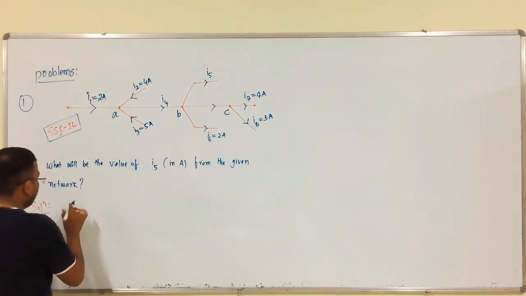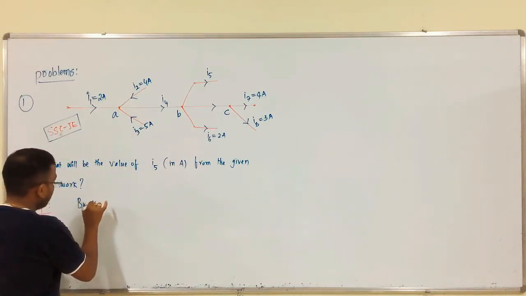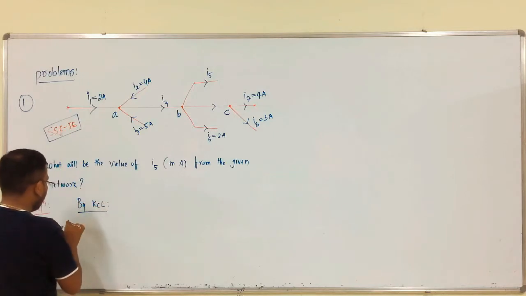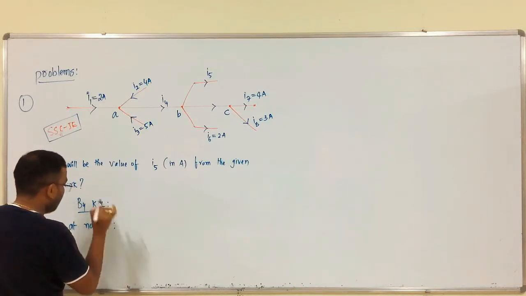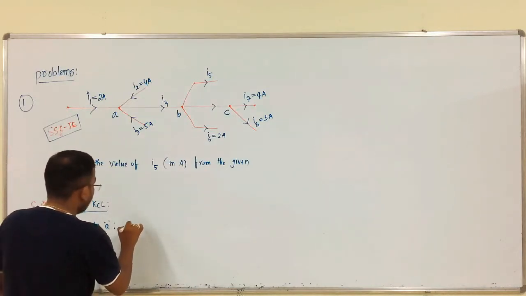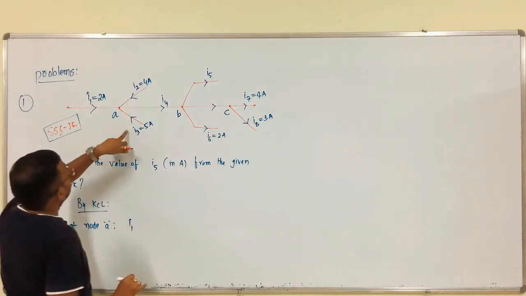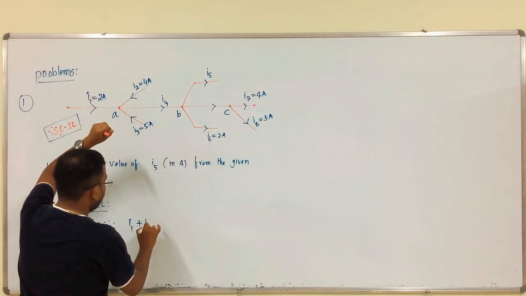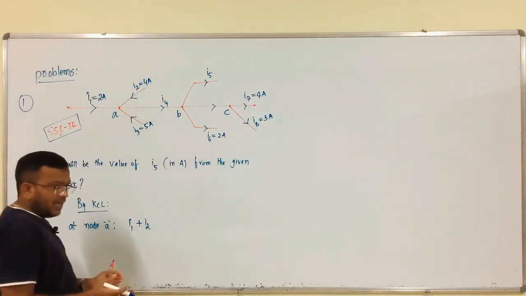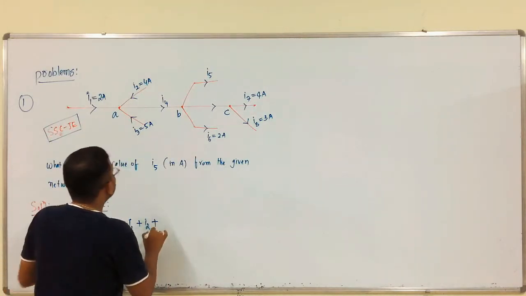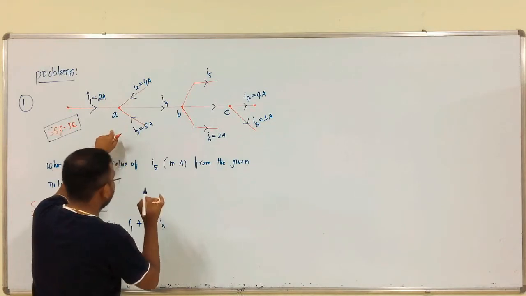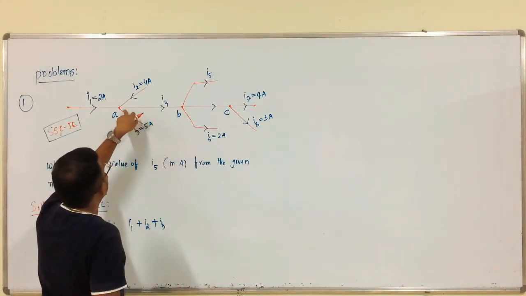At node A, by KCL, what is the KCL equation? I1 is entering, plus I2 is entering, current entering should be taken as positive, right, plus I3 is also entering, so positive. From this node I4 is leaving.